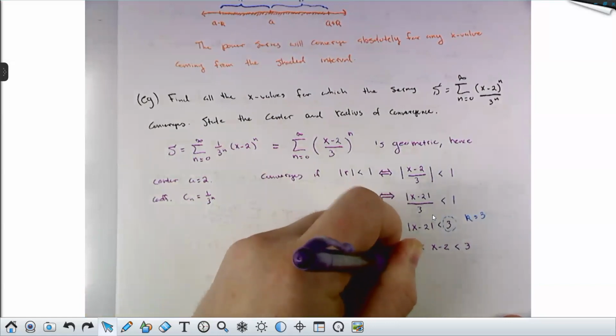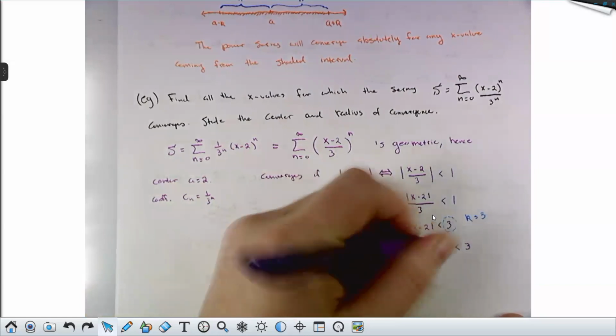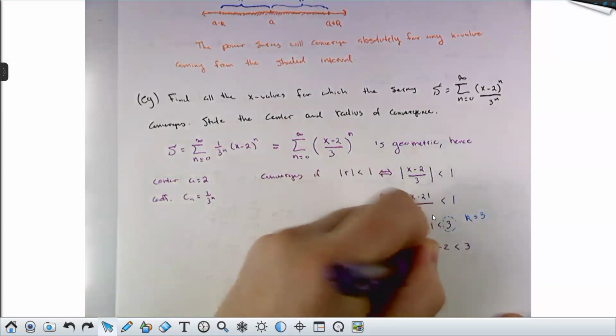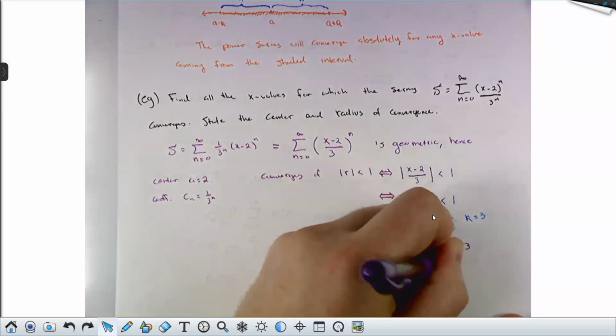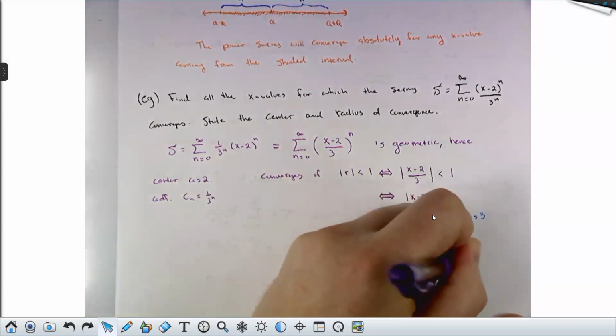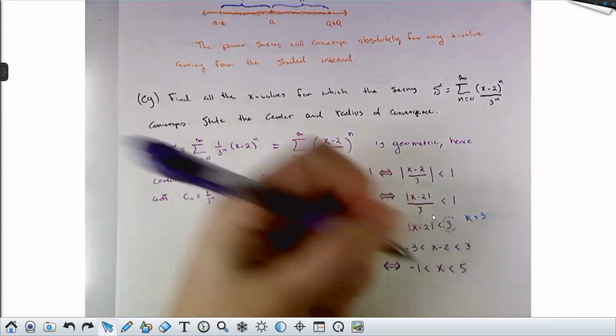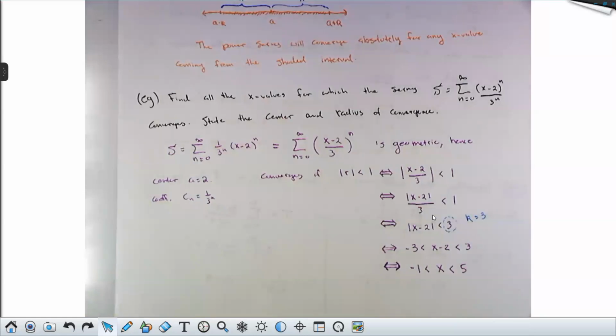Oh, sorry, this pen is dying. -3 plus 2 is -1. x minus 2 plus 2 is x. And 3 plus 2 is 5. So we know exactly when this series will converge. This series will converge precisely when x is between -1 and 5.